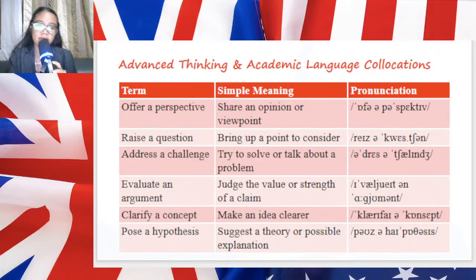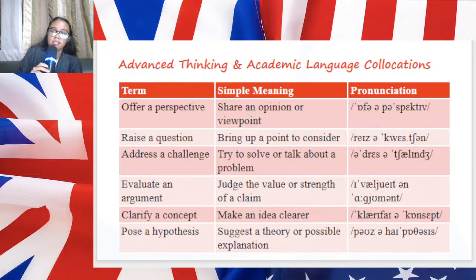When it comes to pronunciation, we start with offer, which has two syllables, right? The stress is on the first syllable, off, which has a clear short O vowel sound. The second syllable has a short A vowel sound and ends with an R sound. It sounds like her, but without an H sound at the beginning.